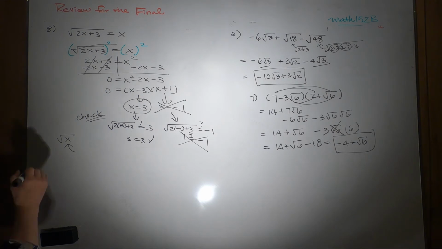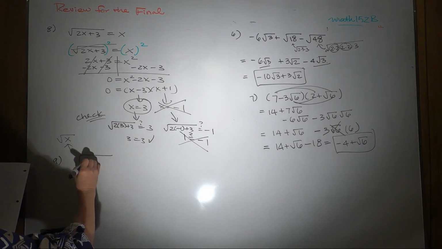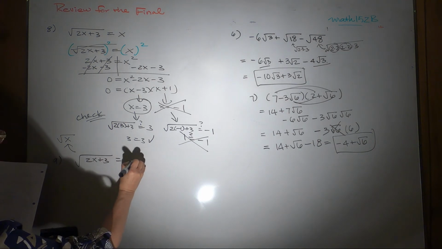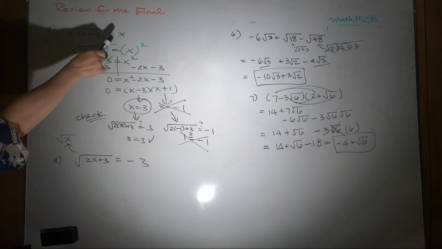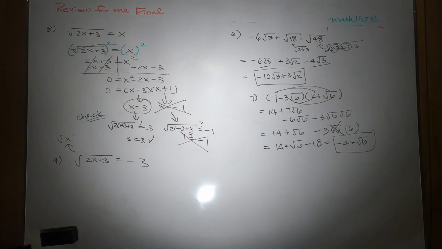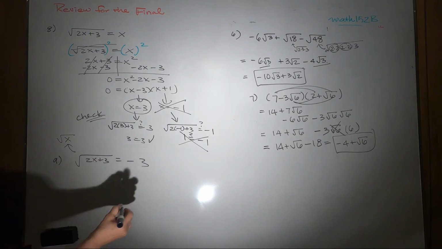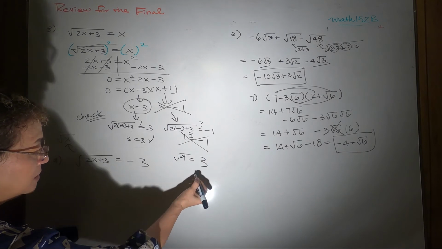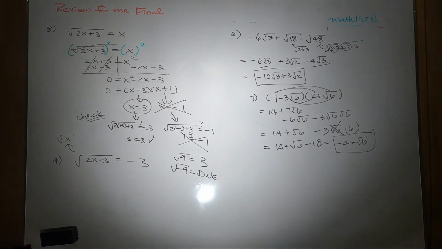Okay. So we just review this to remind you for the radical equations, you need to check besides solving it. So we have another radical equation like this. This one is square root of 2x plus 3 equals negative x. This one equals -3. You can do the same thing, then you check, and you will have the same result. But for this one, you don't have to do it because any square root, if square root of 9, right? If square root of -9 is what? You cannot do it, it doesn't exist.